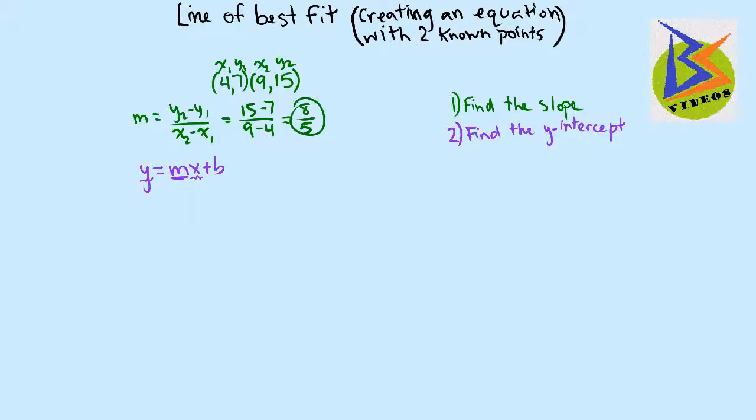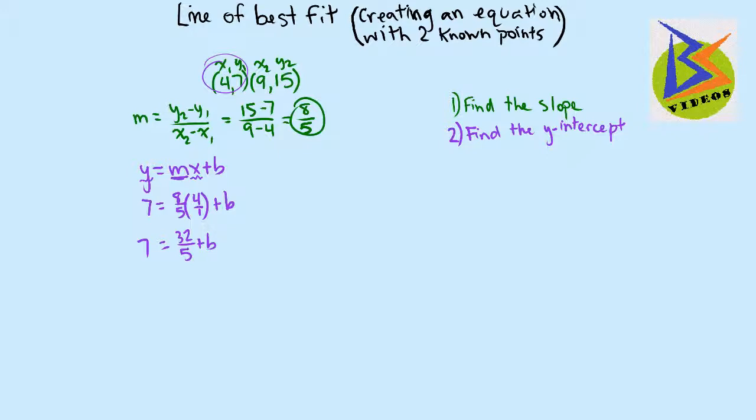So let's just pick (4, 7). So our y is 7. Our slope is 8/5, and our x is 4. We'll just put it as 4 over 1 plus b. 8/5 times 4 over 1 is 32/5 equals 7.